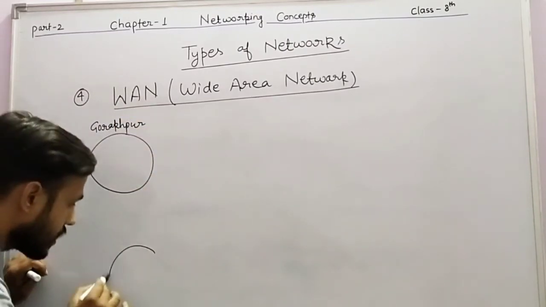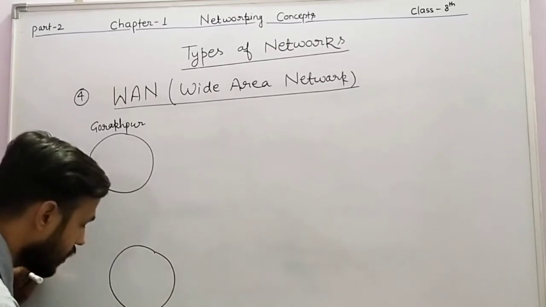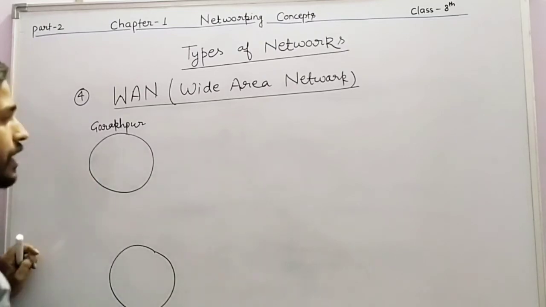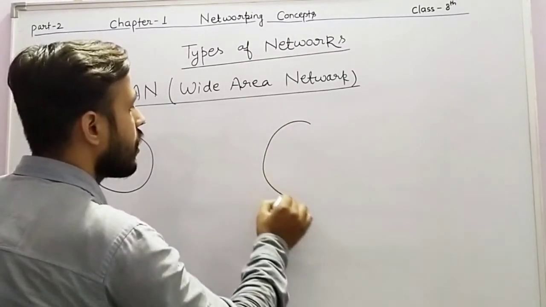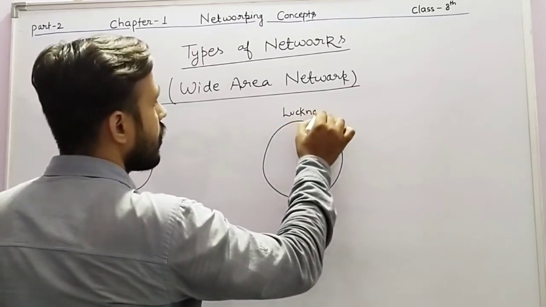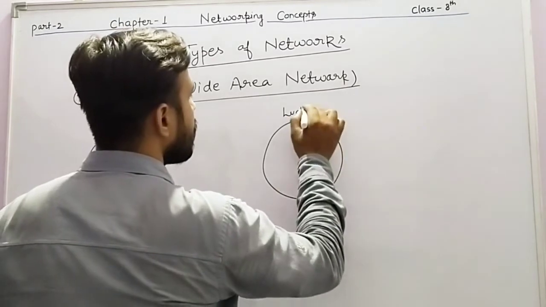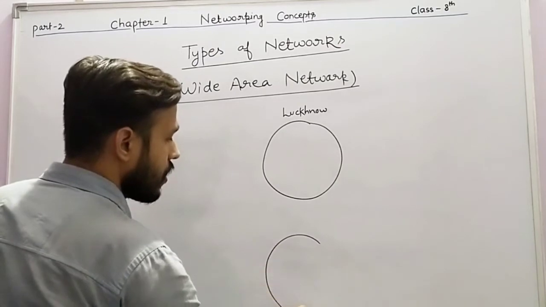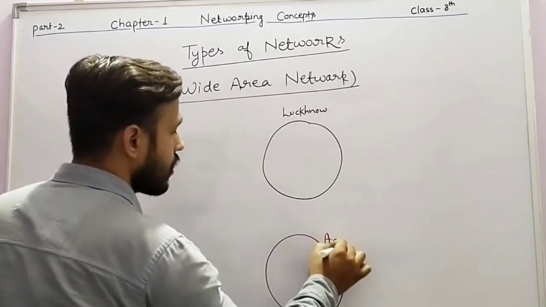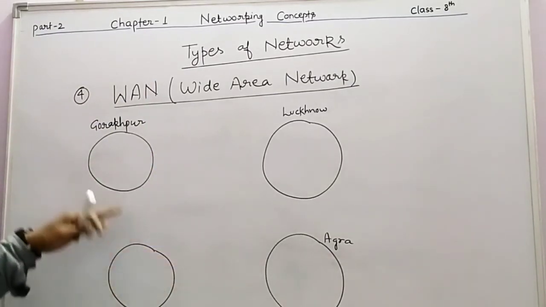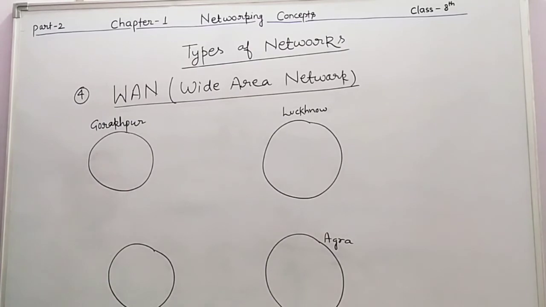I have other cities like Delhi, Lucknow, and let's suppose this is Agra. So as of now, there are four cities, and there is the same bank, Punjab National Bank.